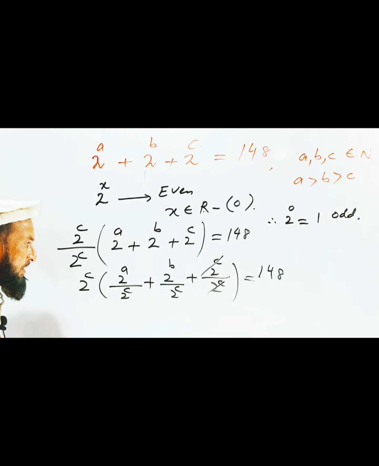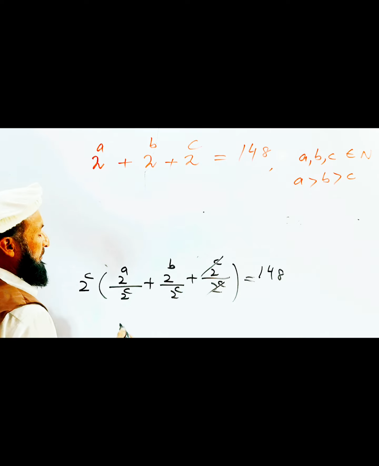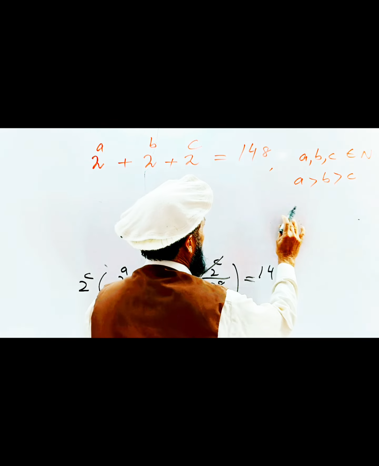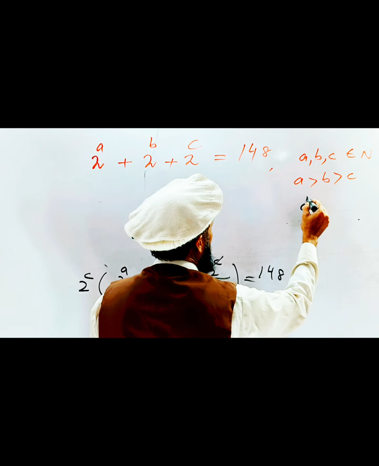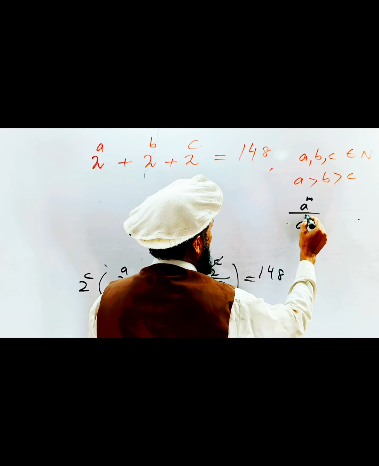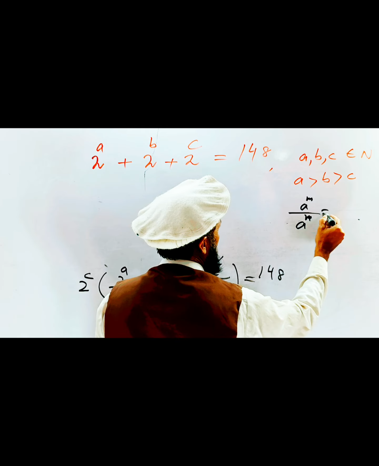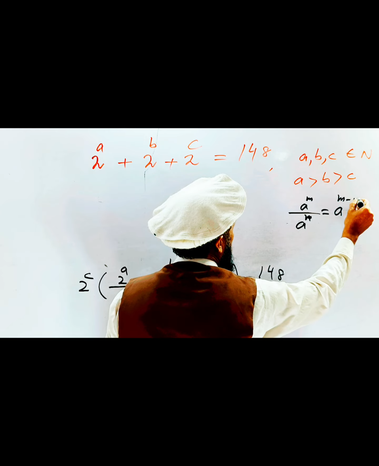We get 1. Exponent rule: when the bases are the same, we subtract the powers in case of division, so we can write m minus n.